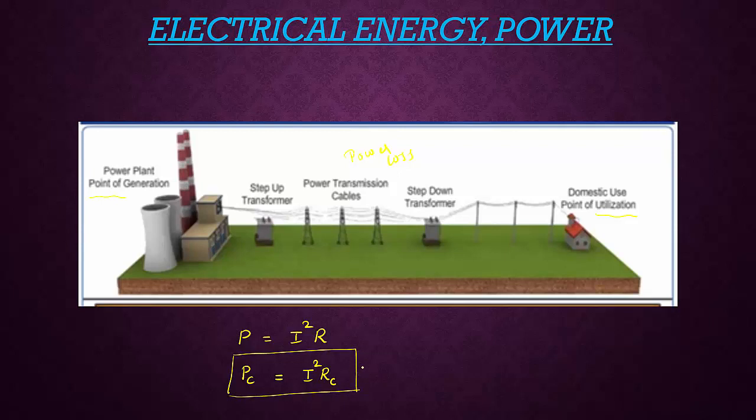Pc equal to I squared Rc, where Pc is the power loss at the cables, and Rc is the resistance of the cables. This is the power loss which takes place during the transmission of electric power from the power station to homes or factories or buildings. So this is all about electrical energy and power.